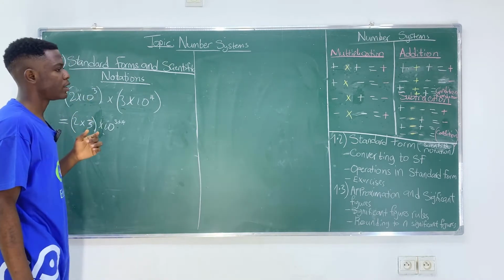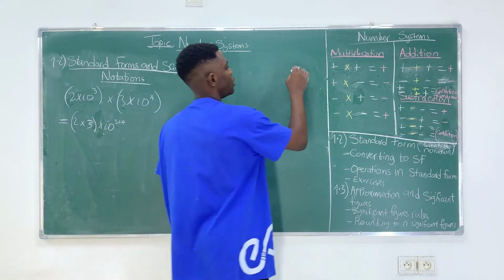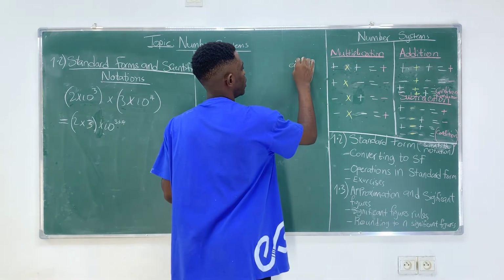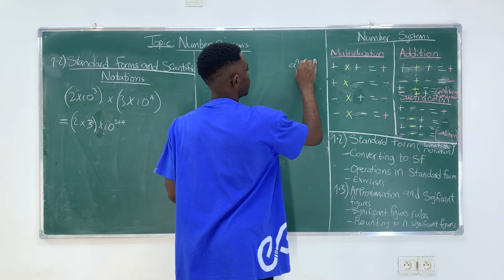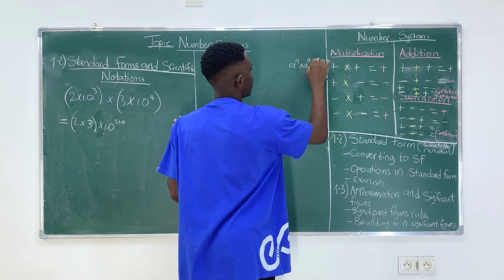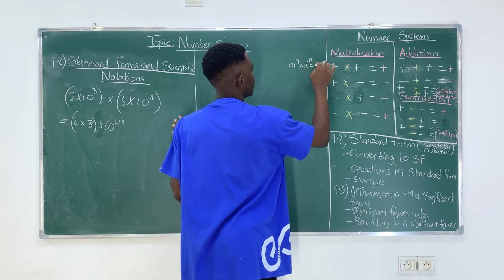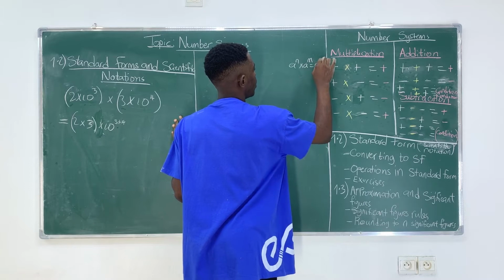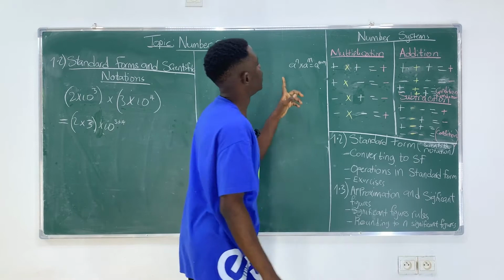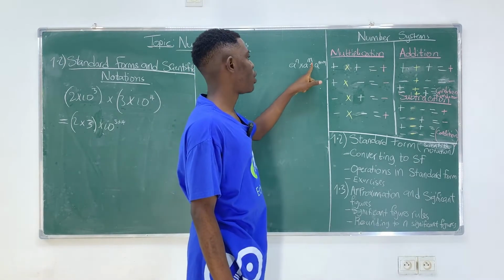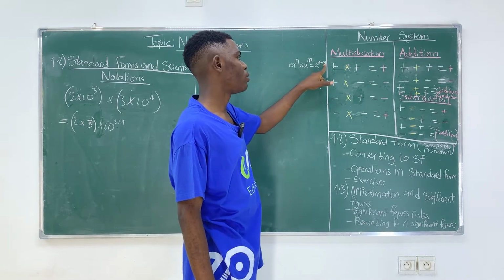So during multiplication, I add the powers. From the laws of indices, a to the power n times a to the power m is equal to a to the power n plus m.